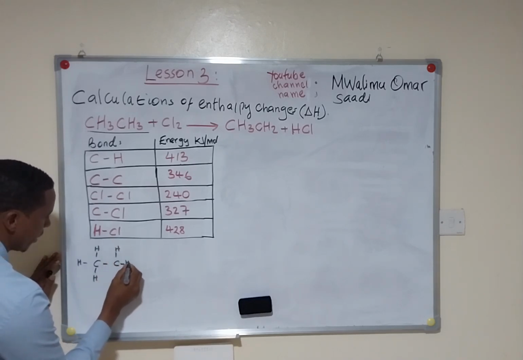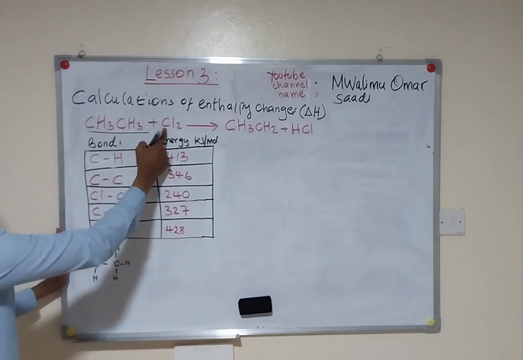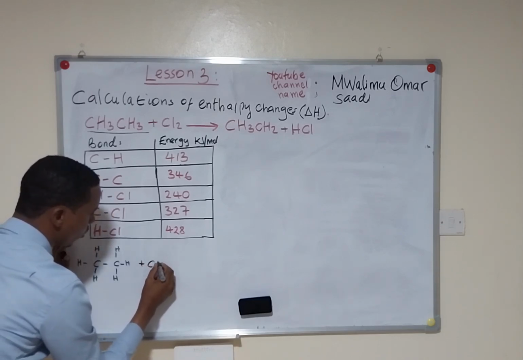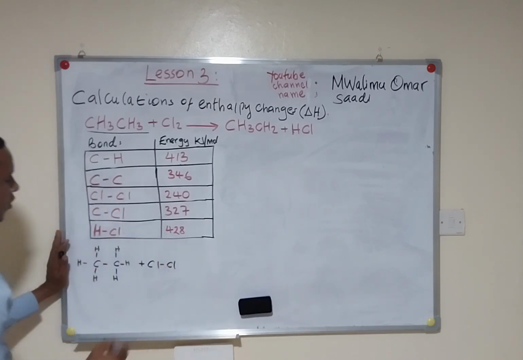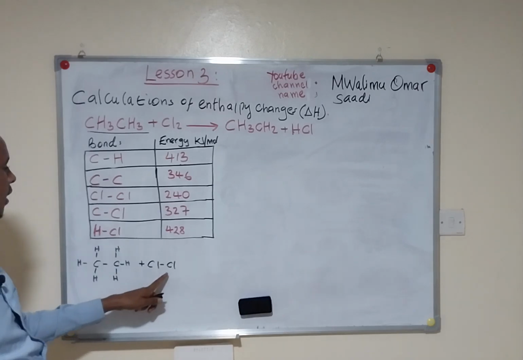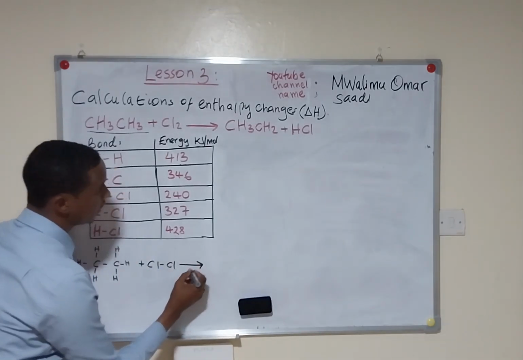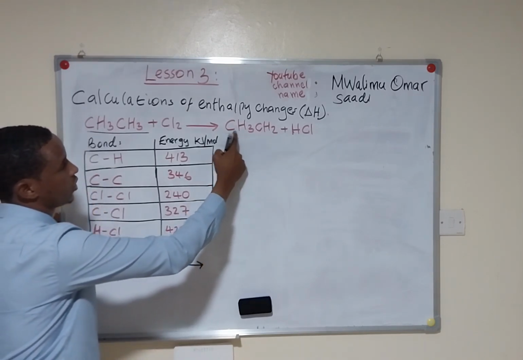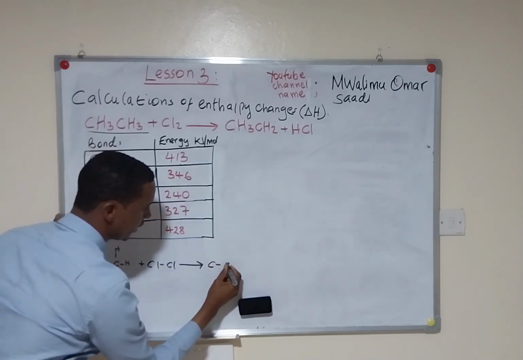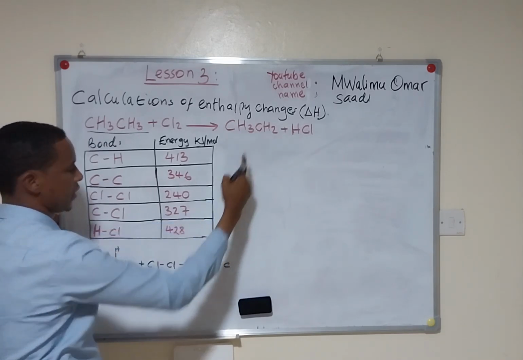Plus chlorine, there are 2 chlorines there, Cl bonded with Cl, forming the product. The product here has 2 carbons and 5 hydrogens.